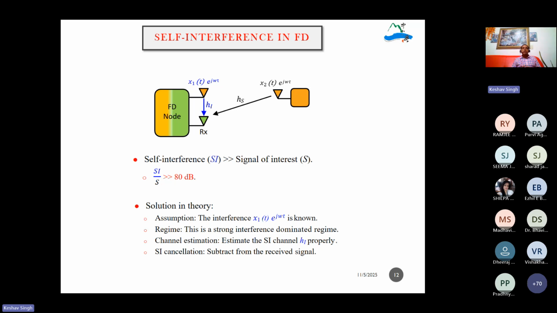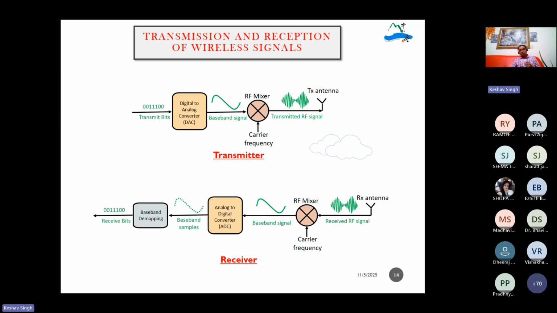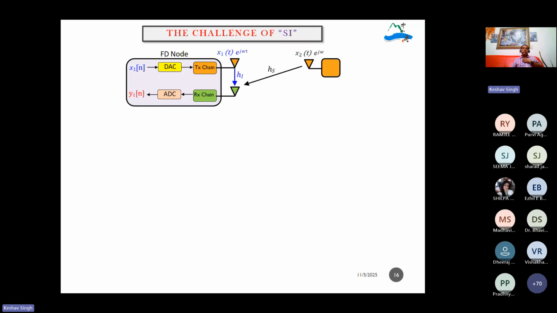That we call residual self interference, and we need to control it. This is the architecture of the transmitter, and this is the receiver. I think everyone must know this very well, so I'm not going into detail.